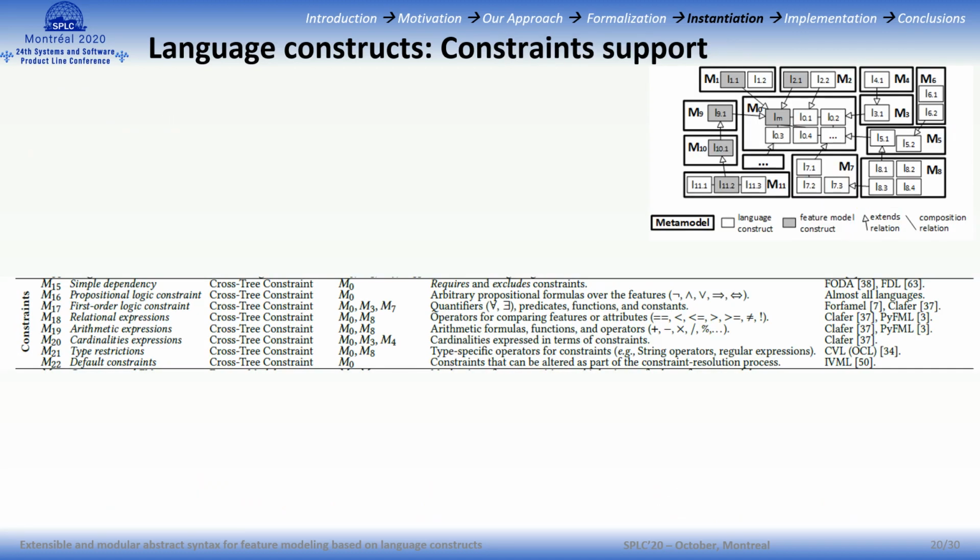The next group of language constructs is to support constraints. So we separated the modeling of the constraints based on their expressiveness, from basic constraints to propositional logic, first-order logic, relational and arithmetic expressions, and so on.